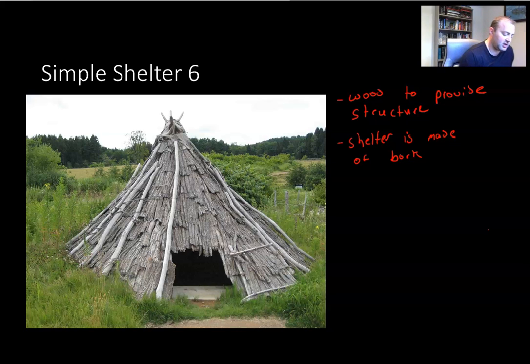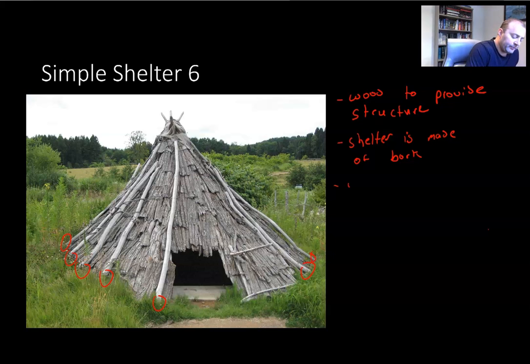Now, the way this is anchored into the ground is a little unclear, but it seems like these pieces of wood are kind of sticking into the ground. So maybe the individual anchors aren't as strong as some of the anchors we've seen before, but there are a lot of them.